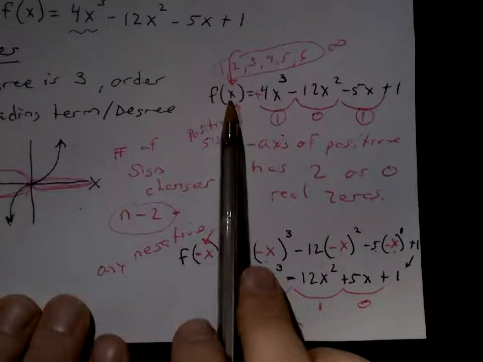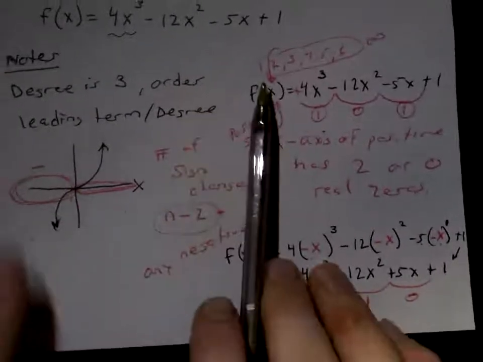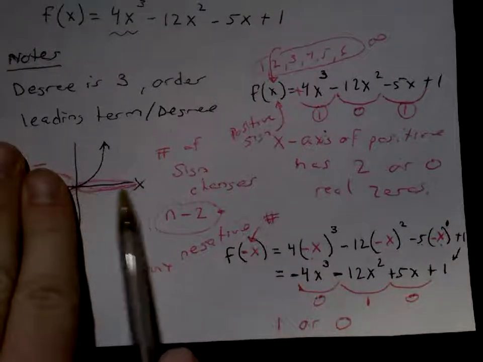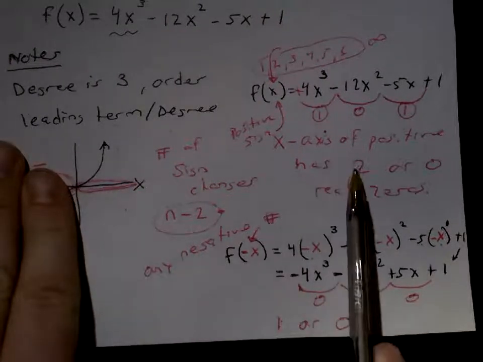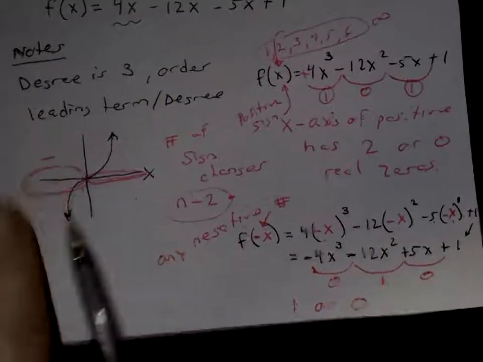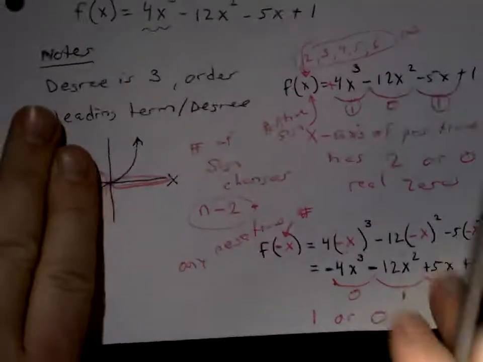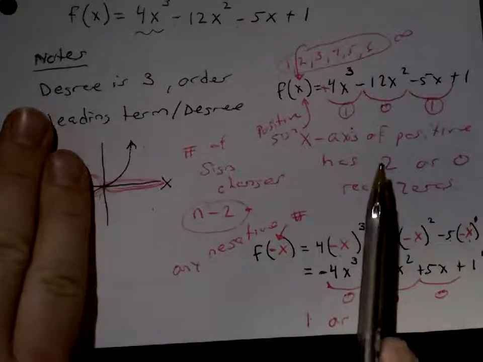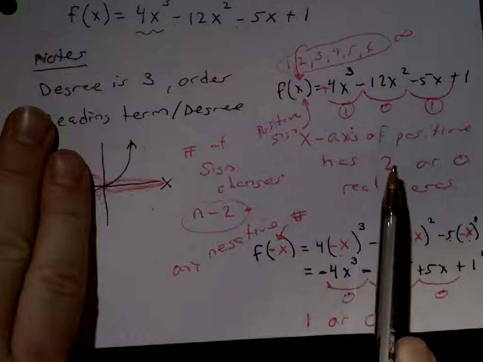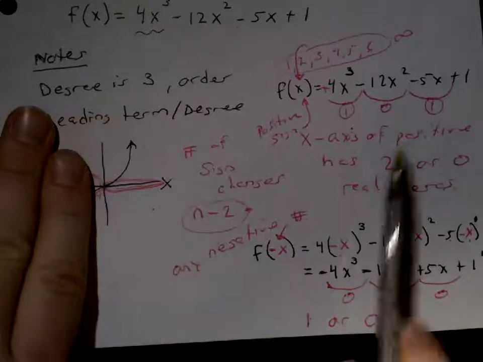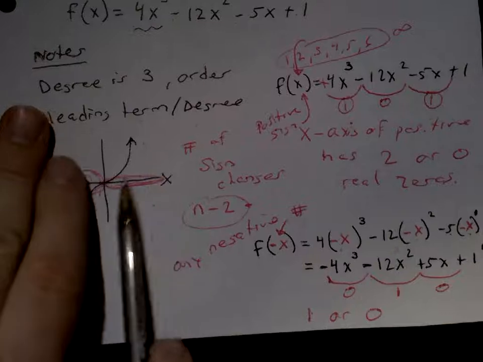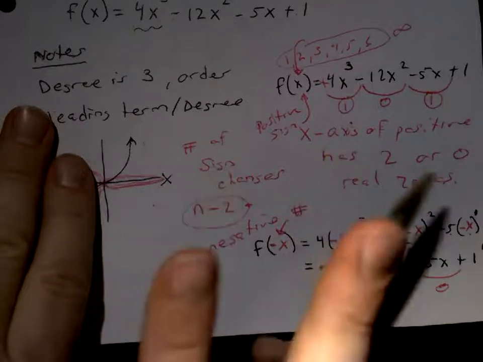If this is the positive x-axis, just the positive x-axis, looking at this graph, can this graph have two real roots? Can this graph intersect this positive axis twice?